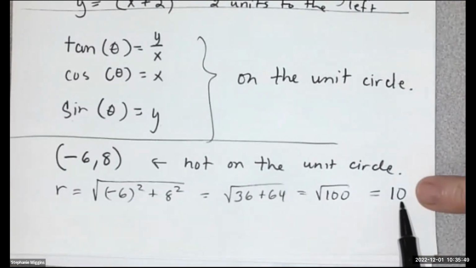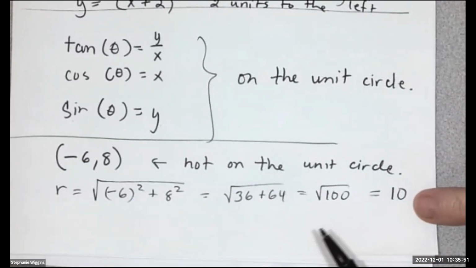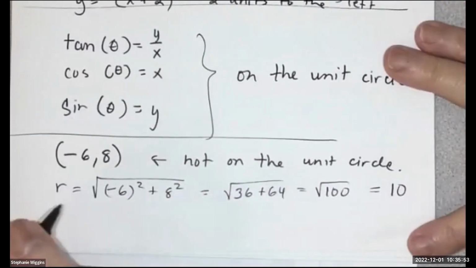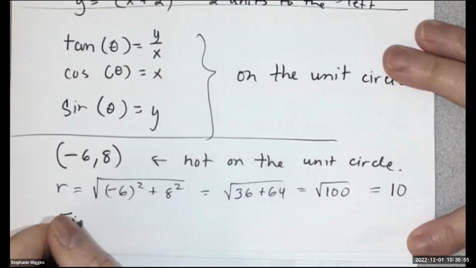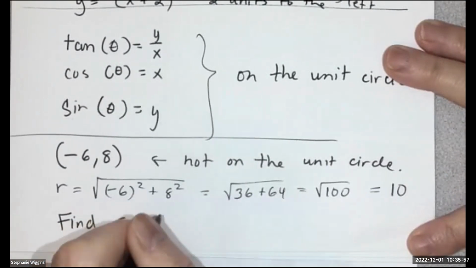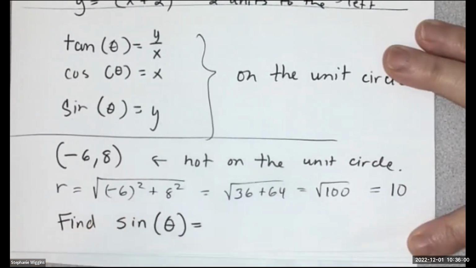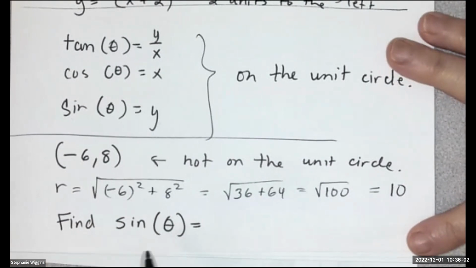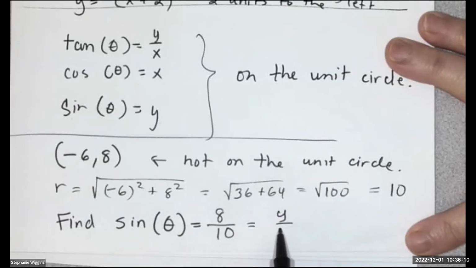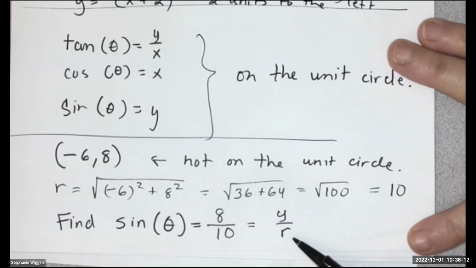So r is 10. So now when you calculate, for example, if you want to find sine of theta, you have to take your y value, which is 8, but then you have to divide it by 10. That is y over r. So r comes into play.